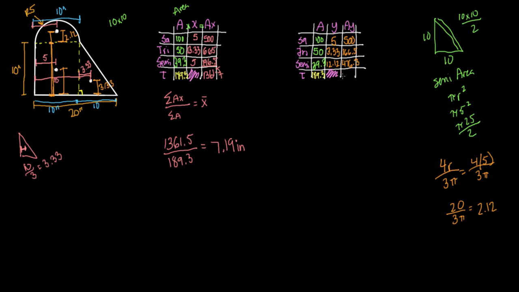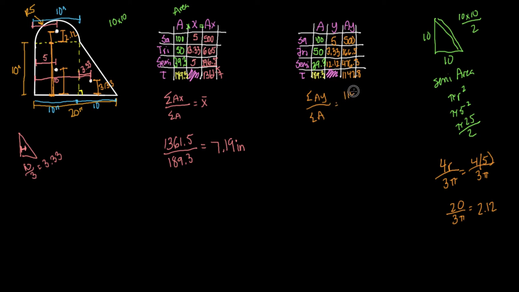Doing a little addition, add them up, 1,142.8, and then jump back over to the sum of all the A y's over the sum of all the A's.